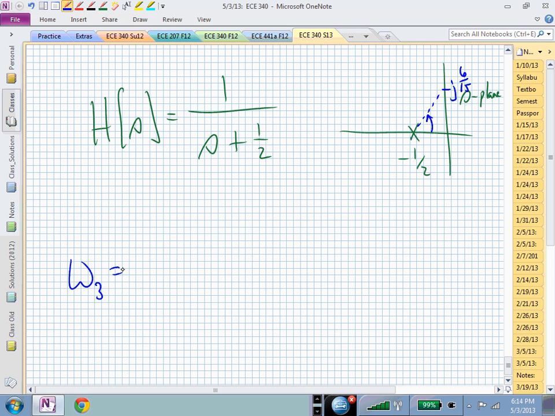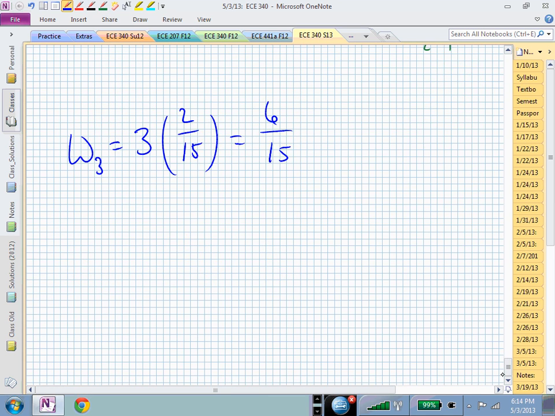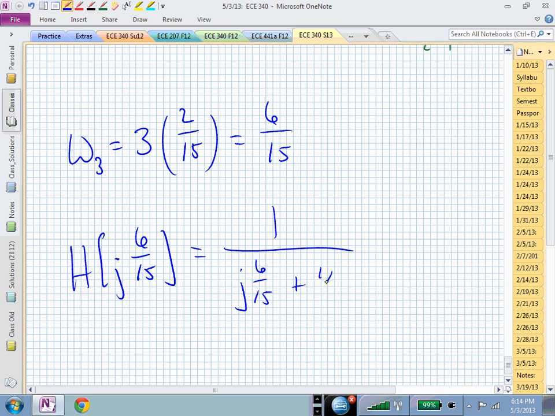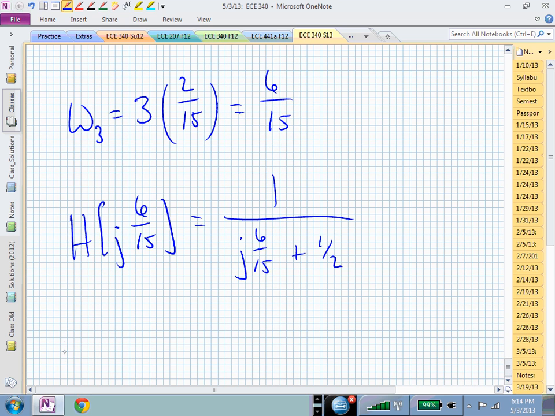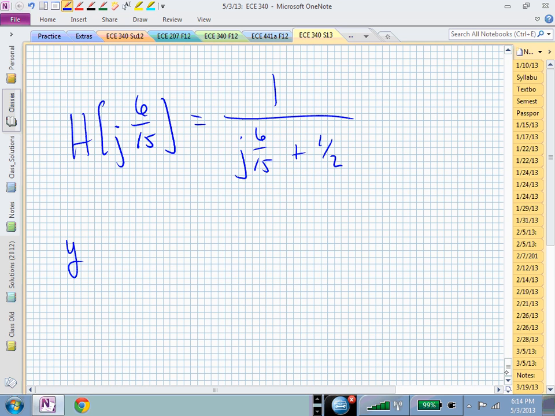The frequency of interest is this omega sub 3, which is the third harmonic of omega naught, which was the 6/15, and we can now say, well, what is h of j 6/15? So now we simply replace s with j 6/15, and we could now write the sinusoidal steady state expression for the output for the third harmonic.